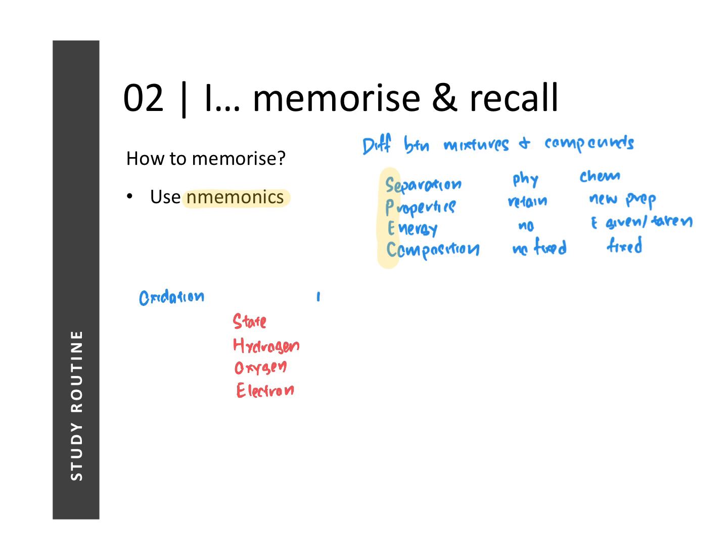And here is how you can recall. Oxidation occurs when there's an increase in oxidation state of an atom in a substance, when a substance loses hydrogen, when a substance gains oxygen, when a substance loses electrons. The reverse is true for reduction.